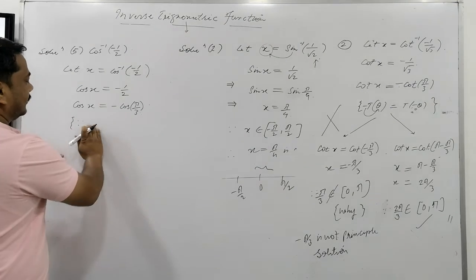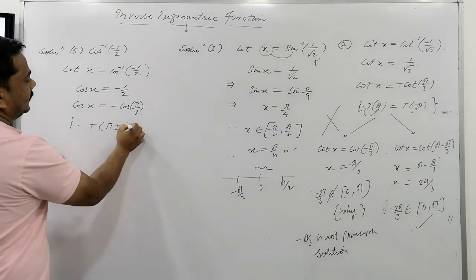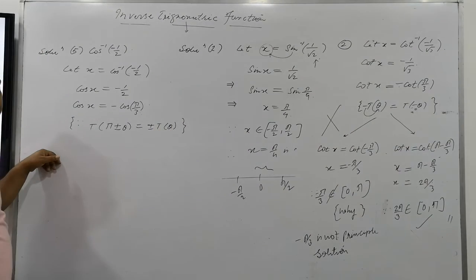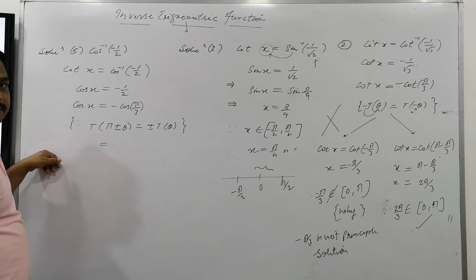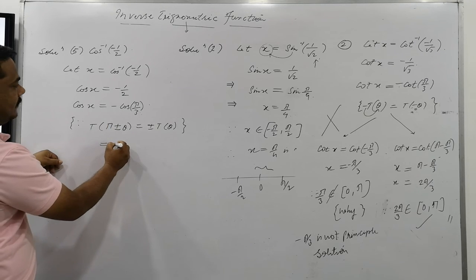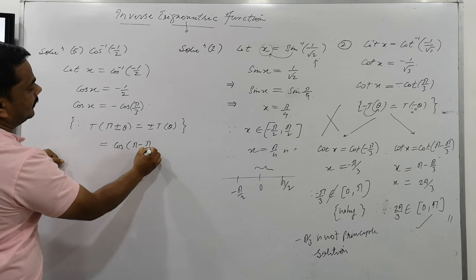What identity will work for that? T of pi plus minus theta is equal to plus minus t of theta. Is that clear? So in place of that, what can we write here? In the second quadrant cos is negative; only in the first and fourth quadrants is cos positive. So the second quadrant can be written as cosine of pi minus pi by 3.